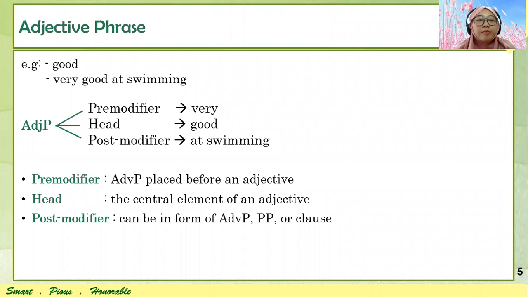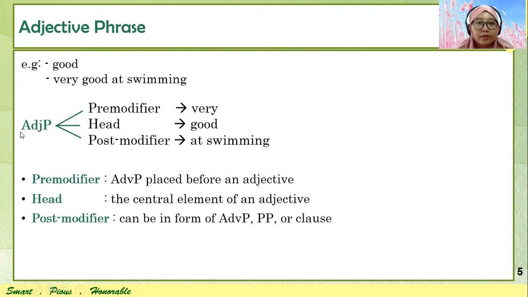Okay, the next thing or the next phrase is adjective phrase. So please remember that I'm not going to explain verb phrase because we have already learned that in previous meetings. Okay, for example, good or very good at swimming.